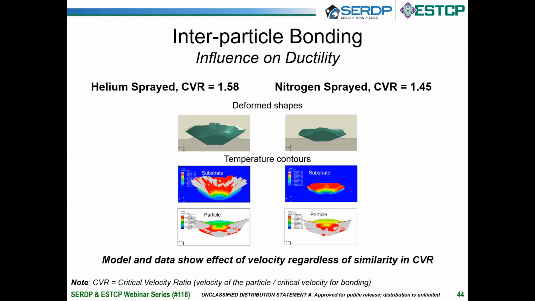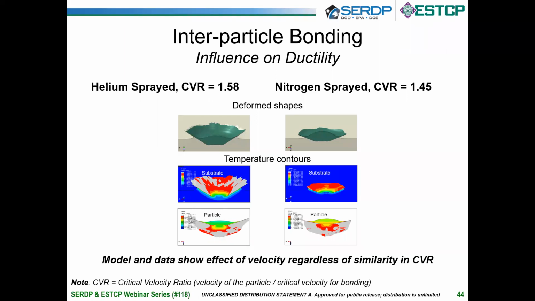All right, so now let's look at the interparticle bonding through the rest of the structure. I got two case examples here. One was a lower velocity nitrogen sprayed material, and one was a higher velocity helium sprayed material. The nitrogen sprayed material, however, was also a high temperature.